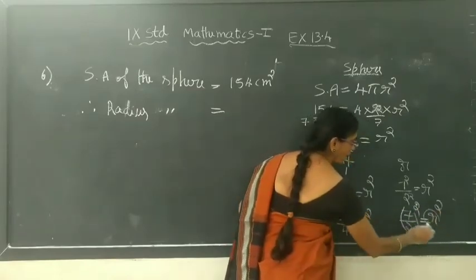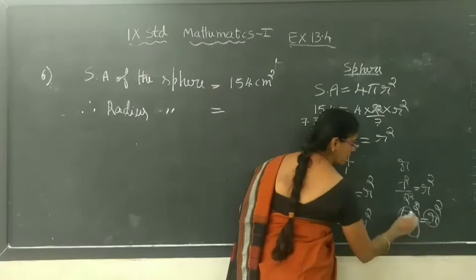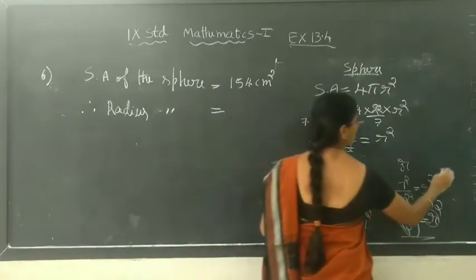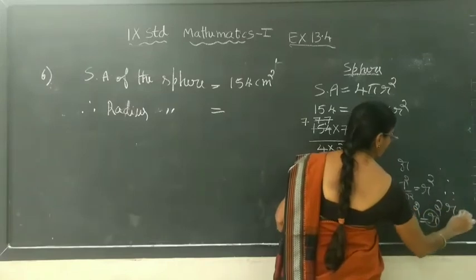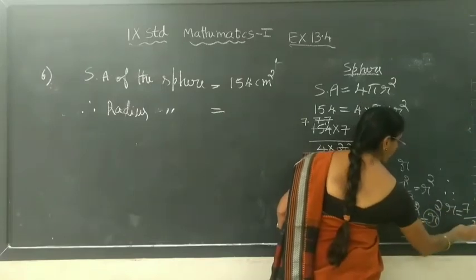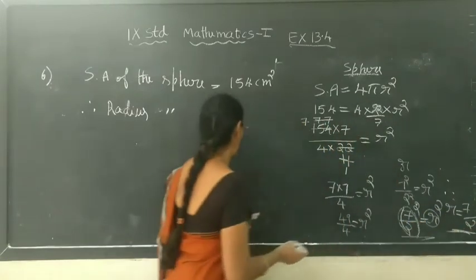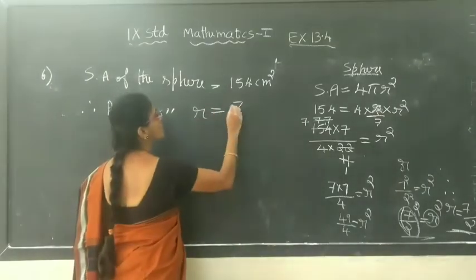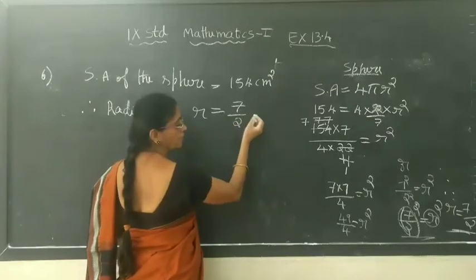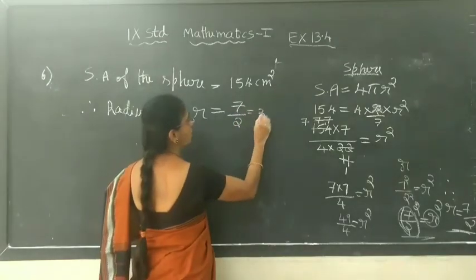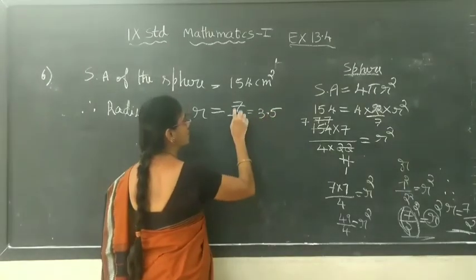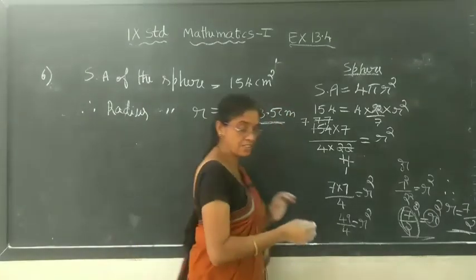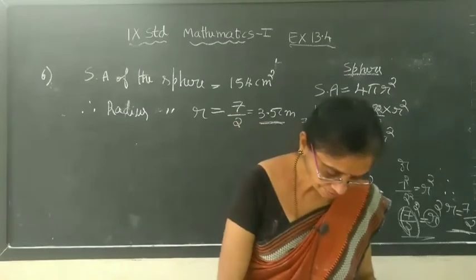So in place of r, what do we have? 7 by 2. Therefore r is equal to 7 by 2, or you may divide and write 3.5. 7 divided by 2 is 3.5 centimeters. So that is the answer.